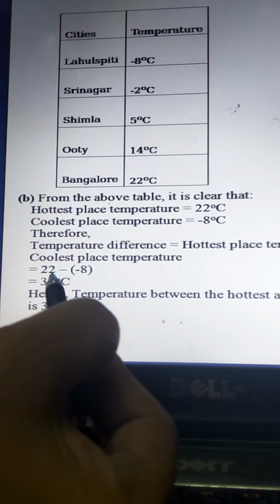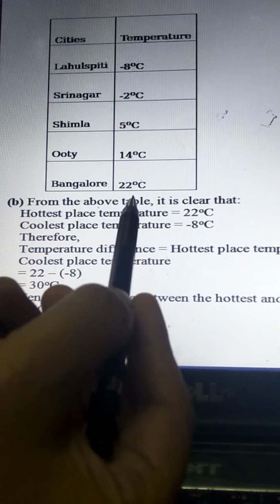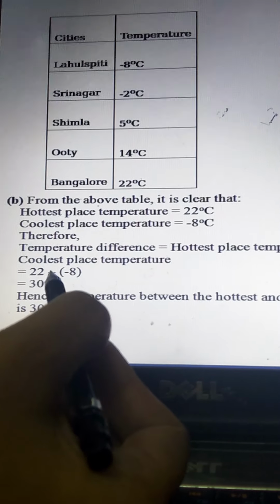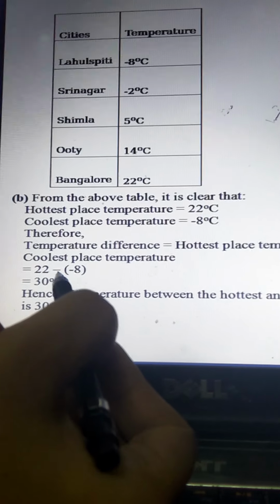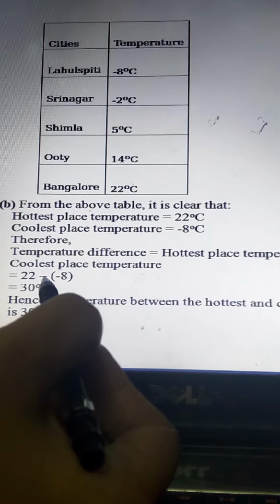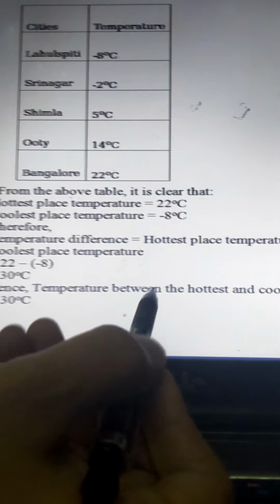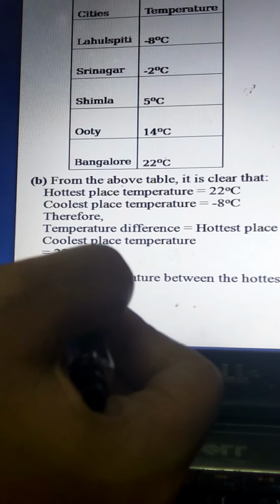So first of all we will be writing 22 degrees Celsius because 22 is greater than 8. To subtract, we'll write the greater number first. So 22 minus -8. So minus and minus, you know, negative and negative becomes positive. So 22 plus 8 is 30 degrees Celsius. So hence the temperature difference between the hottest and the coolest place is 30 degrees Celsius.